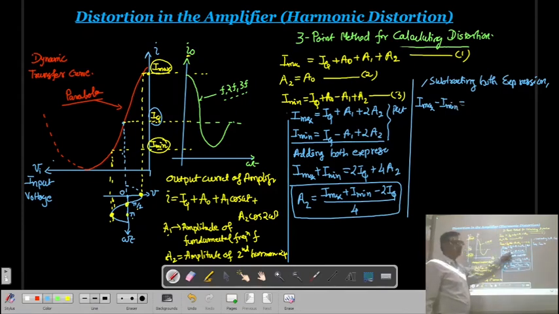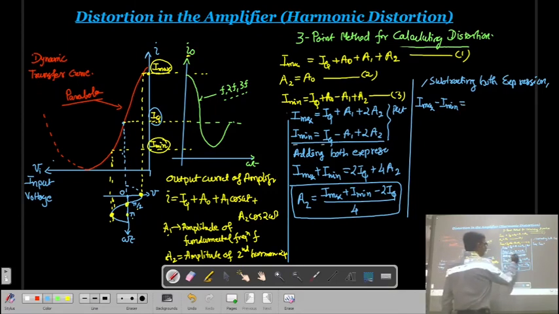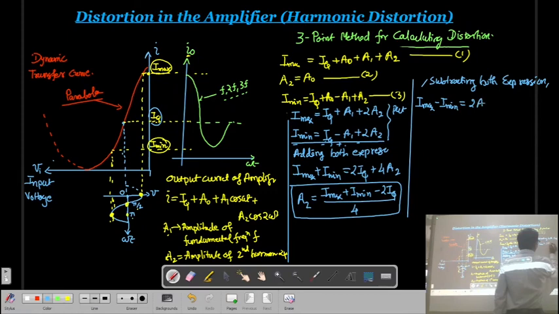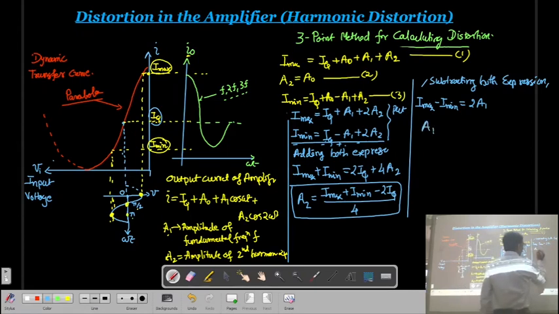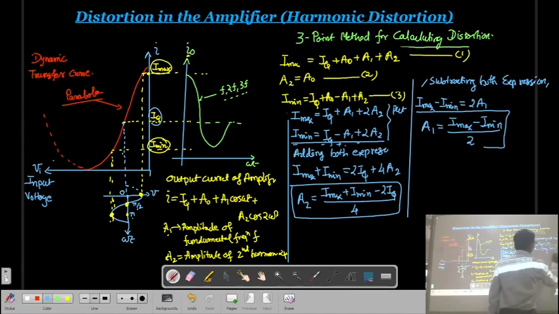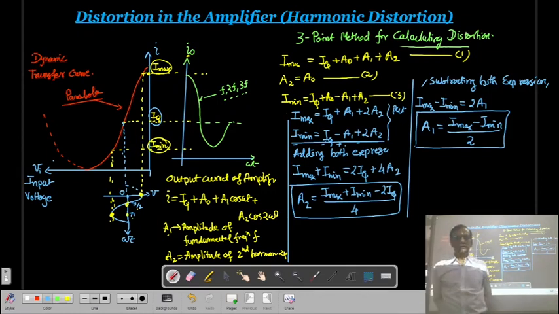The IQ will be cancelled. Here this is going to be negative, this will be positive, and this will be negative. Correct? So IQ will be cancelled. Now A1 and A1 will be there, so we have 2A1, and 2A2 minus 2A2, so it will be cancelled out. And A1 is equal to I maximum minus I minimum divided by 2. So this is representing the amplitude of the fundamental frequency.